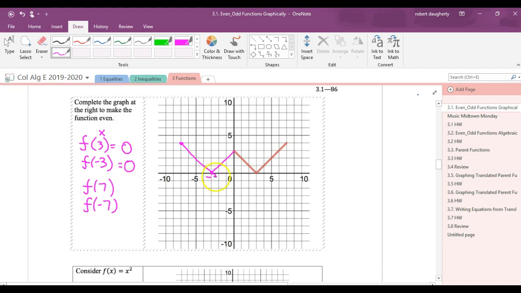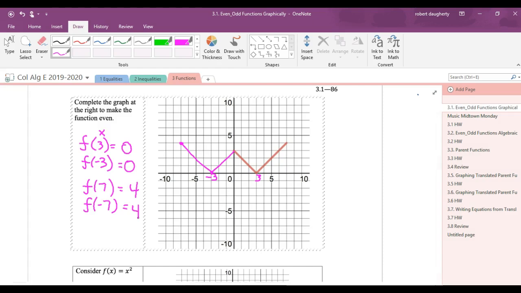So here's -3, and here's 3. What is f of 7? When you plug in a 7, what do you get? f of 7 is 4. So I should expect f of -7 to be what? 4. If it's an even function, f of 7 and f of -7 have to be the same thing in order to get this reflection.